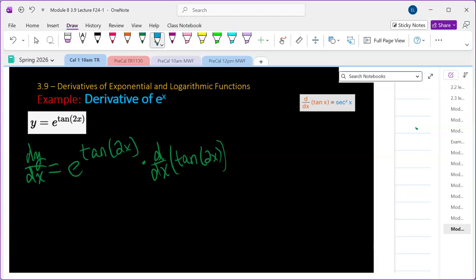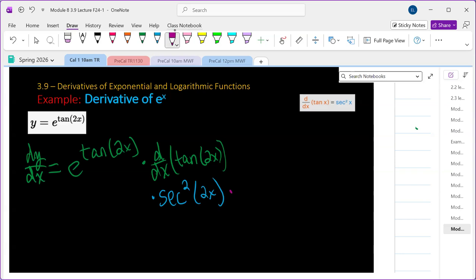Now, the derivative of tangent, we got a little reminder over here, but you're going to have to remember these for the exam. The only derivative formulas that we're giving y'all is the derivatives of the inverse trig functions. But the derivatives of just the trig functions, you're going to have to remember. Sine, cosine, tangent for sure. So derivative of tangent is secant squared. So this is going to be secant squared 2x. And then one more chain rule.